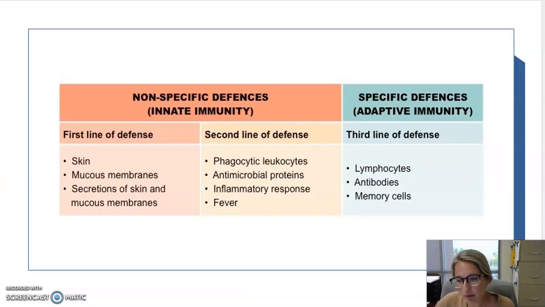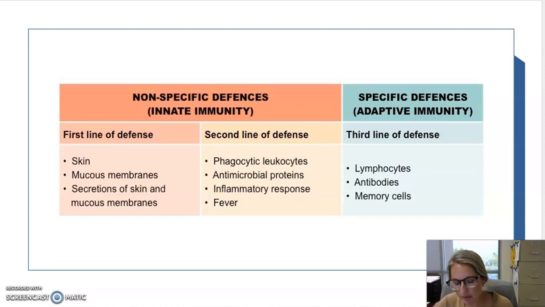As far as our immune system, it is broadly divided into two different parts, which can be further divided into three different defenses. So the two different parts of our immunity are the innate immune system and then the adaptive or the acquired immune system.